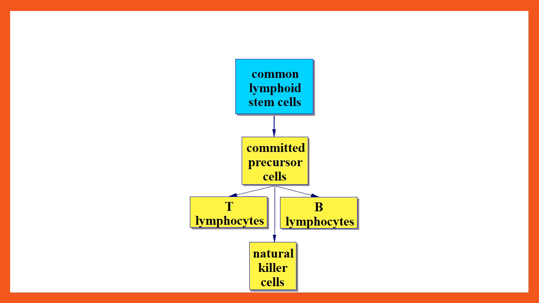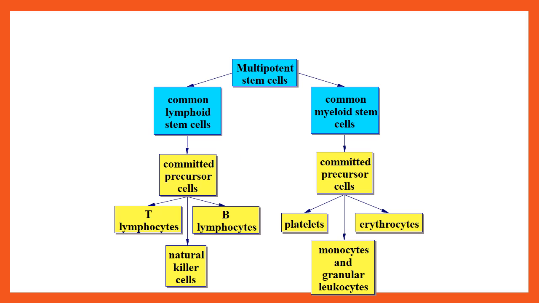Also, natural killer cells will arise from this process. So this is another depiction of the entire process, and this diagram shows you where the cells are coming from. This diagram is important to have an understanding of what happens with cell lines when one or another cell malignancy occurs.